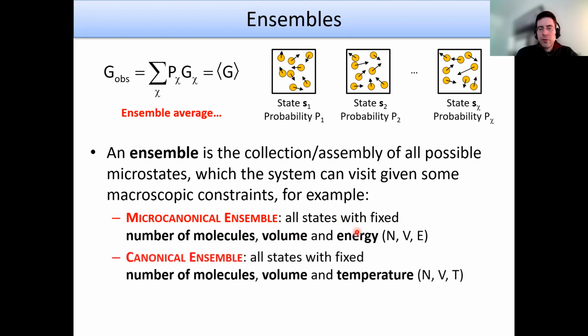We can impose a different constraint, like states with a fixed number of molecules and volume, and states that have the same temperature. Now I'm getting a bit into a gray area, because temperature is obviously a macroscopic quantity.